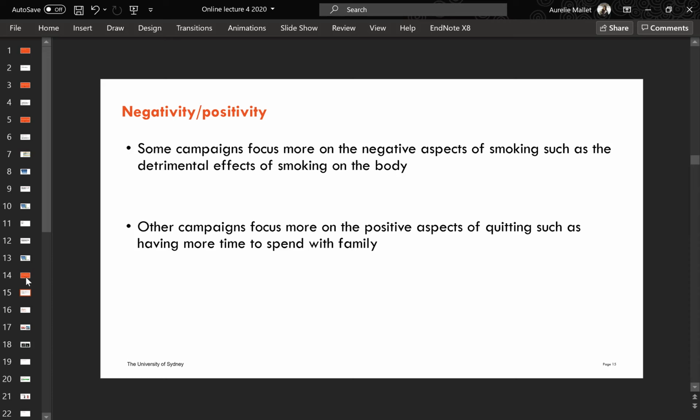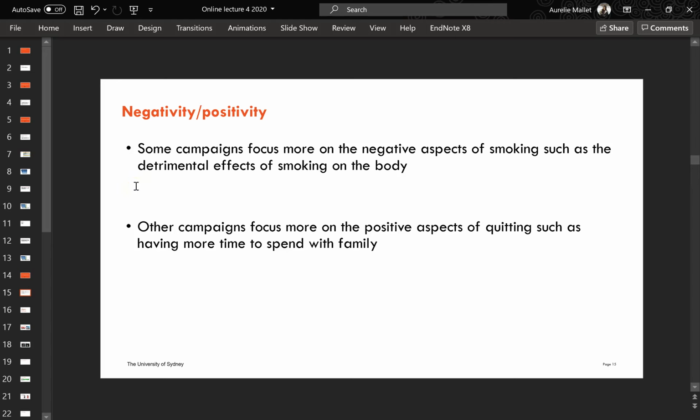Alright, now we get into the actual strategies. For each of these three sets, I'm going to describe what they mean in broad terms, and then I'm going to show you examples to illustrate that.